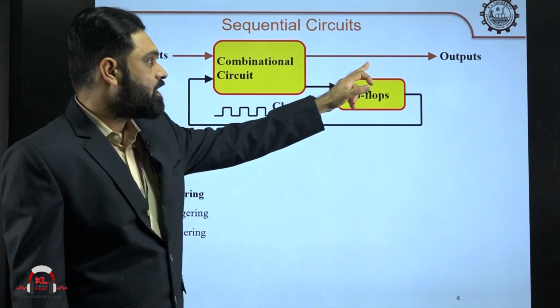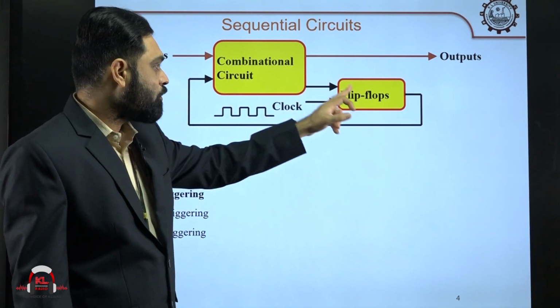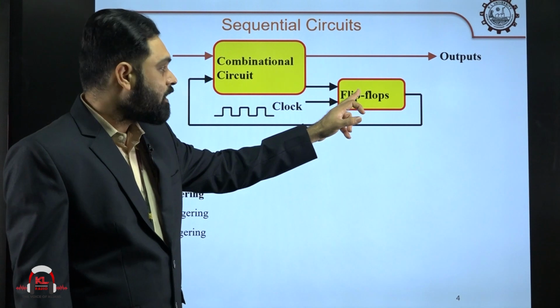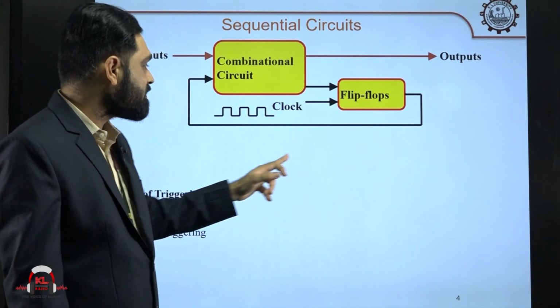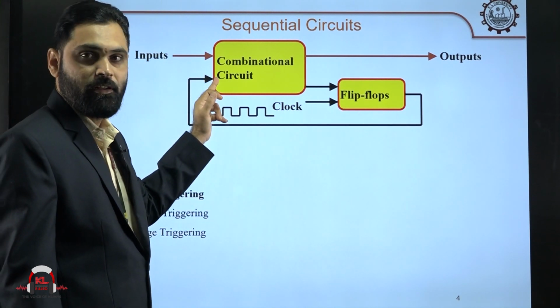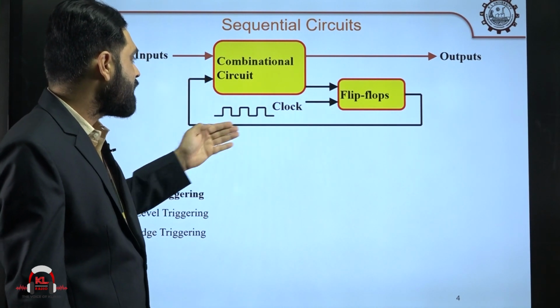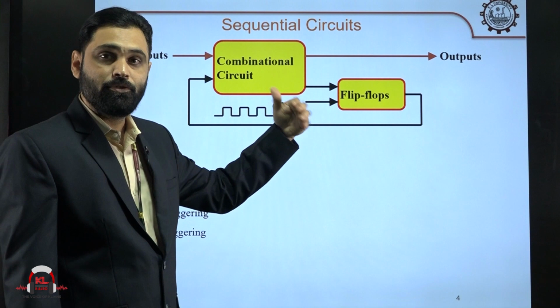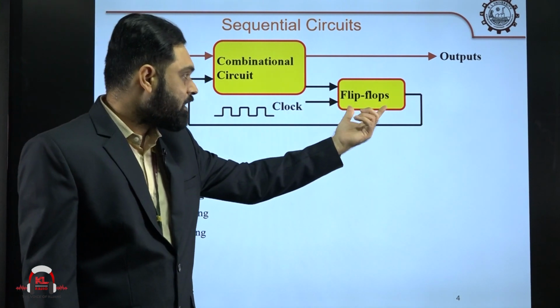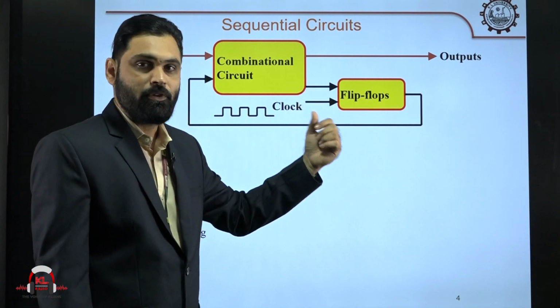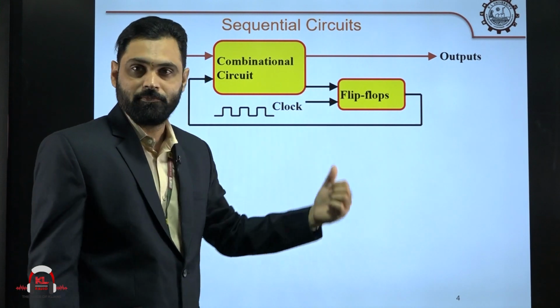Sometimes we take direct output, and sometimes we store that data in the flip-flop, and after storing, you process that data for your next operation. Next time whenever you give inputs, along with those inputs you give the data that you stored previously. For that purpose we use flip-flops. So here the memory modules are flip-flops.